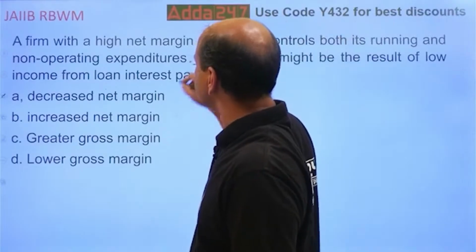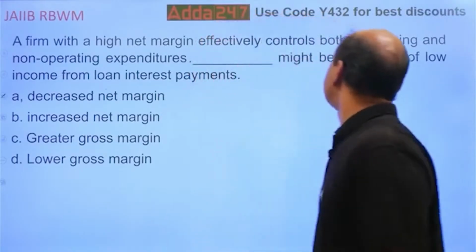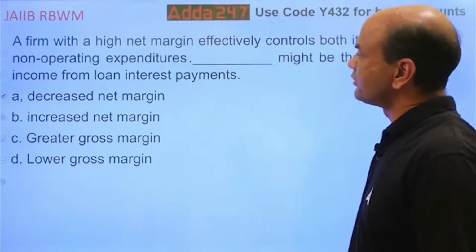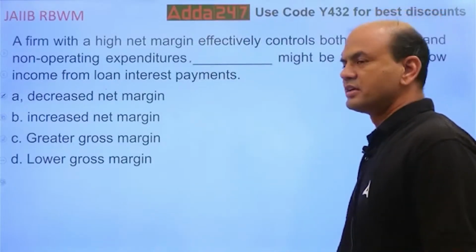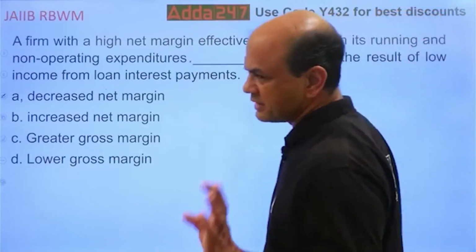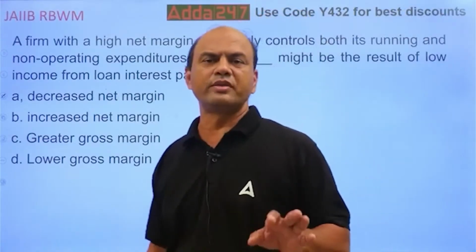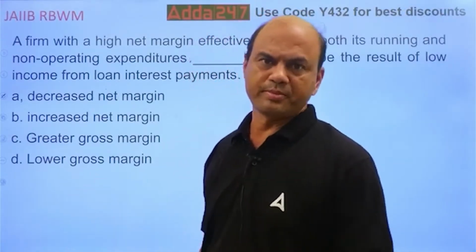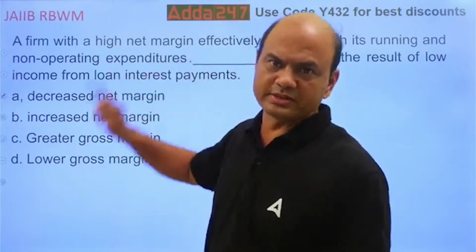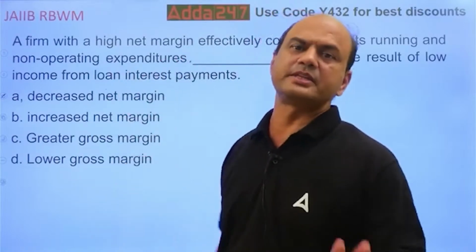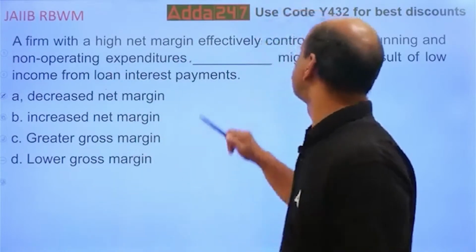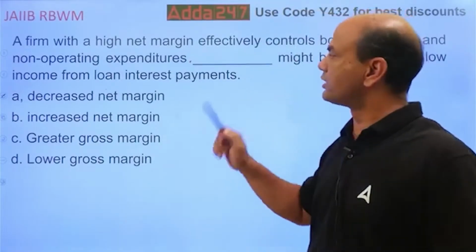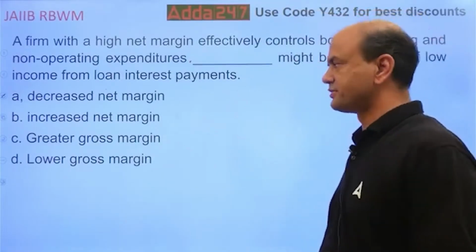Dash might be the result of low income from interest payments. Now, frankly speaking, the first sentence and second sentence don't have any relationship. Even if I ignore the first sentence, the second sentence carries a meaning. Dash might be the result of low income from low interest payments.